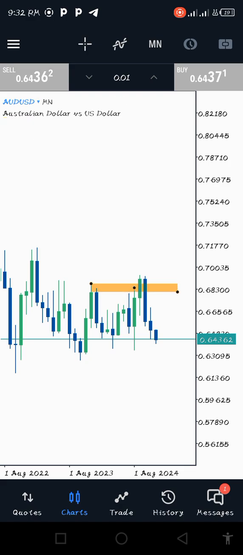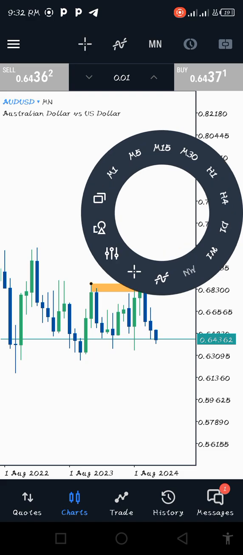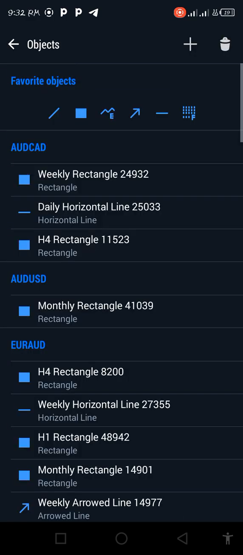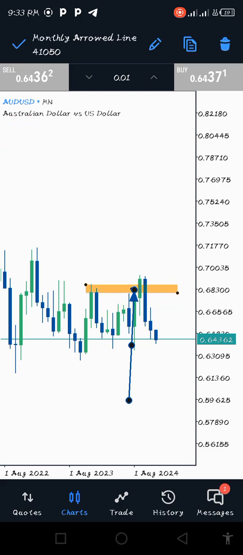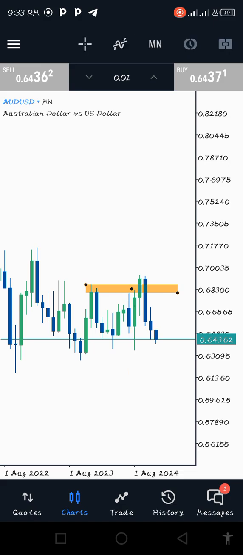So taking for instance, price was at this point, and I anticipated that price could reach this point and stop to give me a bearish move from that zone.